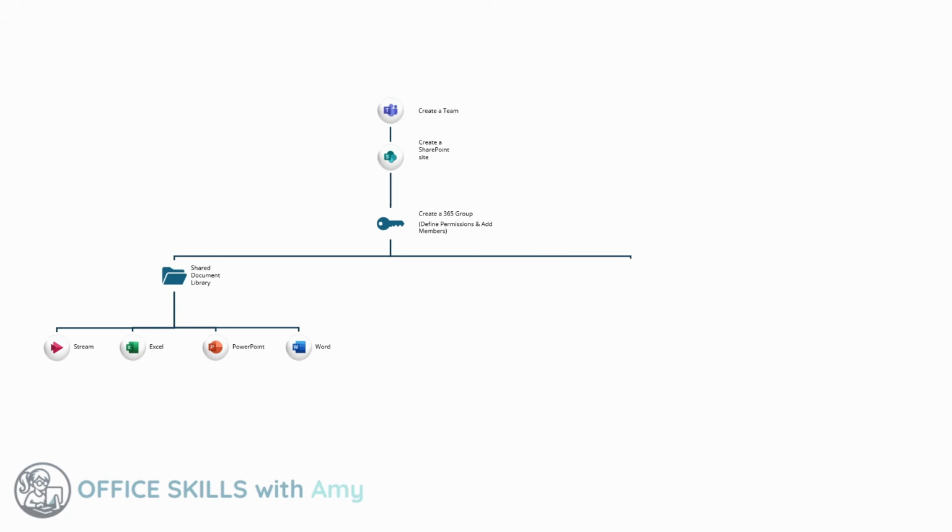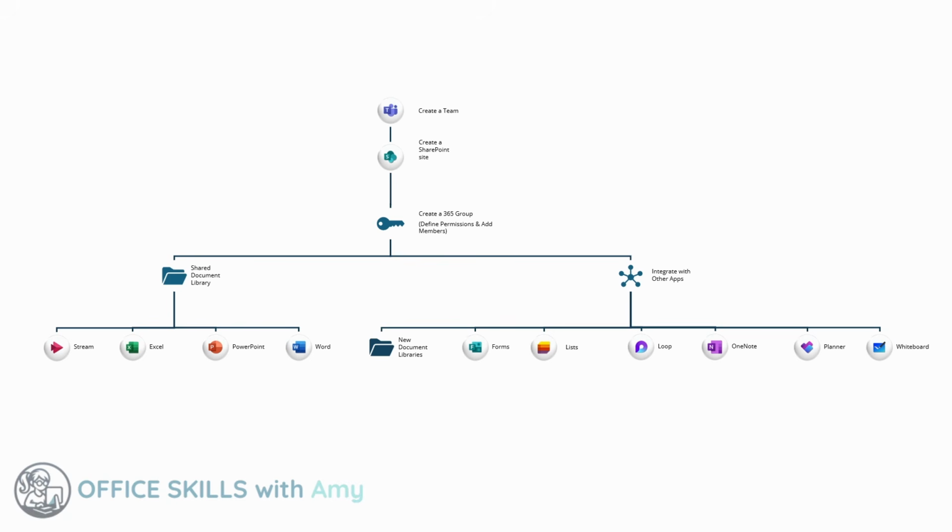Now, when we create a 365 group, we automatically get a shared document library. So this is where your team can share and collaborate on files. And additionally, we can also integrate other applications. So we can add new document libraries and we can even add Microsoft lists and other applications.